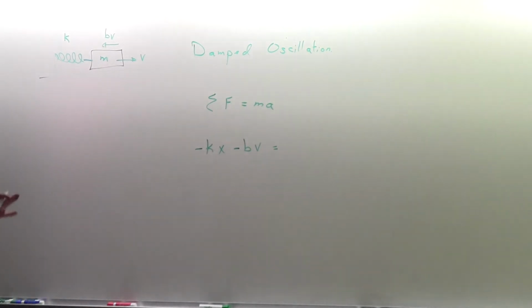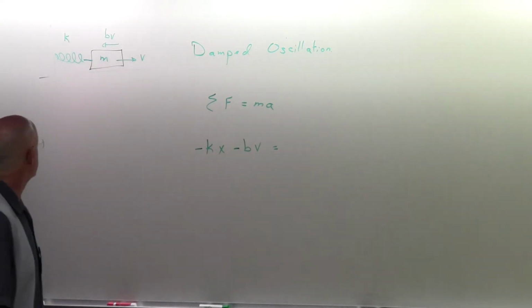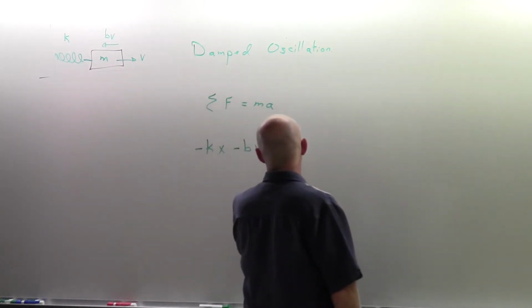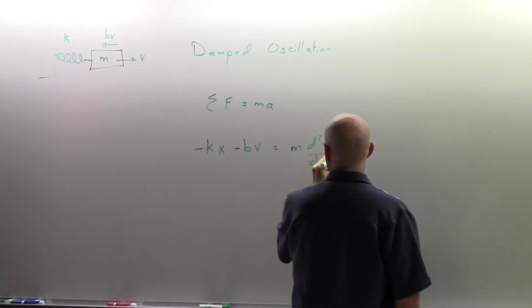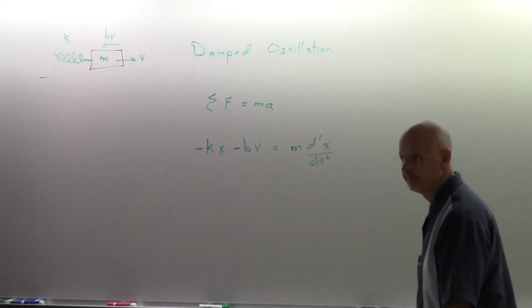So I'm just going to leave it as a general B, and B could be a small number or a big number, but there's going to be some resistive force there. And then, of course, this would equal MA.